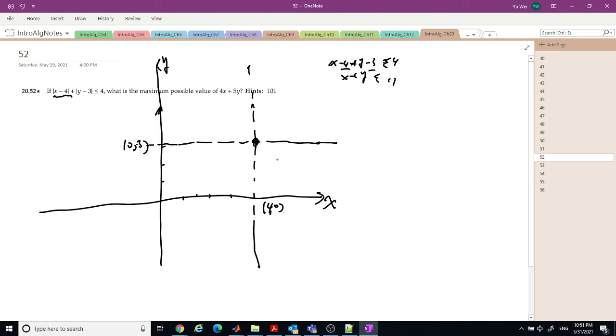So when x equals 4, y equals 7. So this is the point 4, 7. Now let's see when y equals 3, x equals 8. So it's 8, 3. So this is the line of the first section.